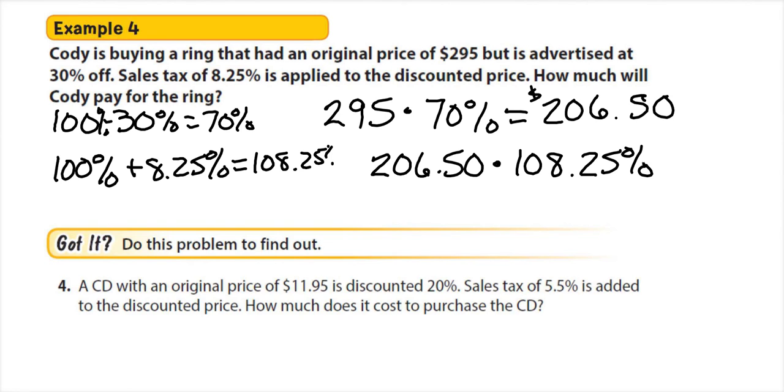Now make sure you have the percent sign in there, because otherwise it's going to throw it off. All right, we get a little bit of a crazy number, so we have to round off because it's money. And it looks like he's going to end up paying $223.54 for his ring.